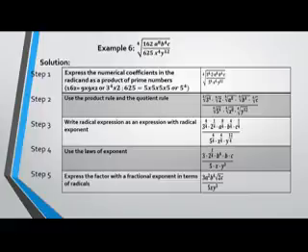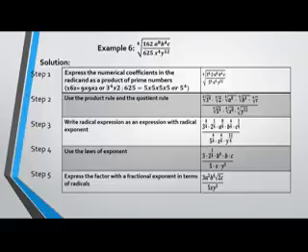Our step 3 is to write the radical expression as an expression with a fractional exponent. So this will become 3 raised to the power of 4 over 4 times 2 raised to the power of 1/4 times a raised to the power of 8 over 4 times b raised to the power of 4 over 4 times c raised to the power of 1/4 all over 5 raised to the power of 4 over 4 times x raised to the power of 4 over 4 times y raised to the power of 12 over 4.